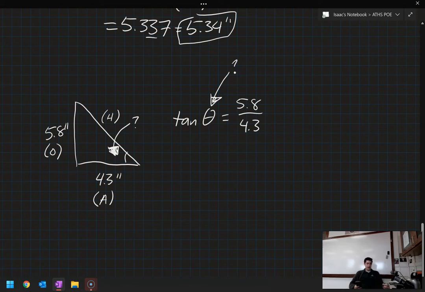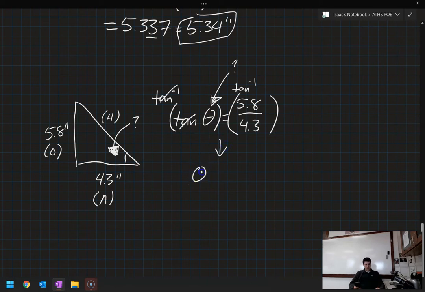Well, theta's got a tangent on it, so how do I get rid of tangent? Well, it turns out that we do the opposite of tangent, which is called the inverse tangent. But we have to do it on both sides. So we're going to take both sides, take the inverse tangent. Well, the inverse tangent of a tangent cancels. So that leaves us with theta is equal to the inverse tangent of 5.8 divided by 4.3.